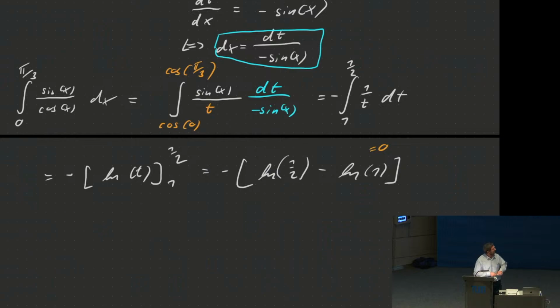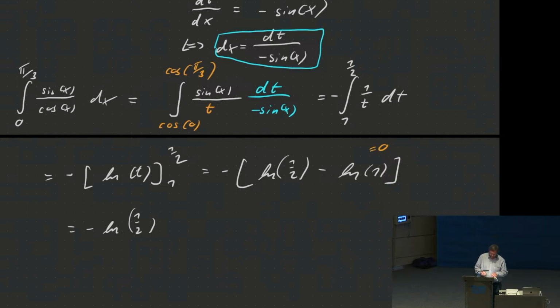What about that ln of 1 over 2? You notice that doesn't show up anywhere here. So what we're left with is minus ln of 1 over 2. By the way, this would have been a totally acceptable answer. You could just stop there.